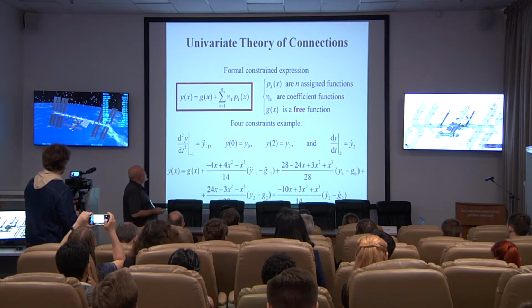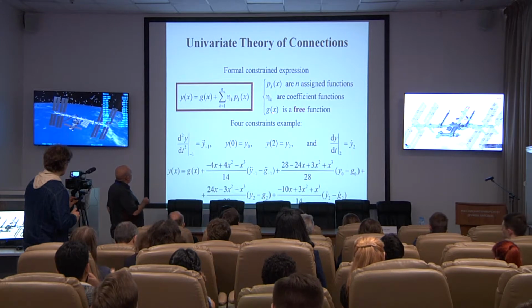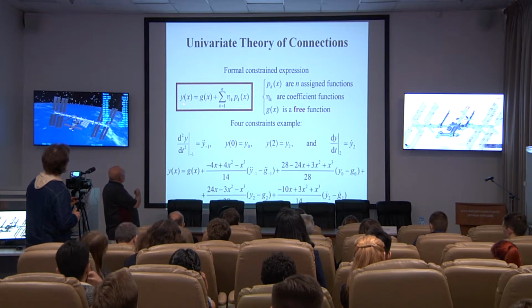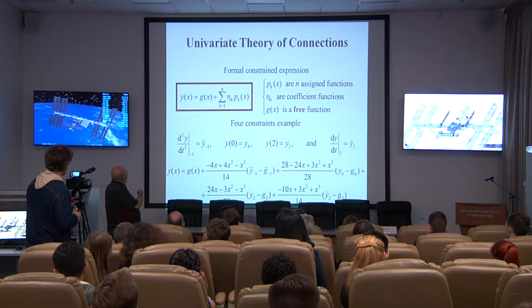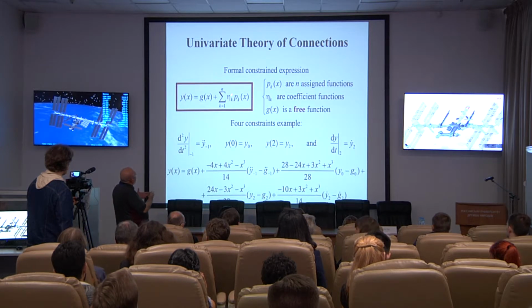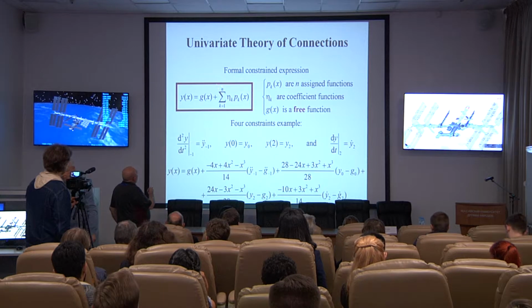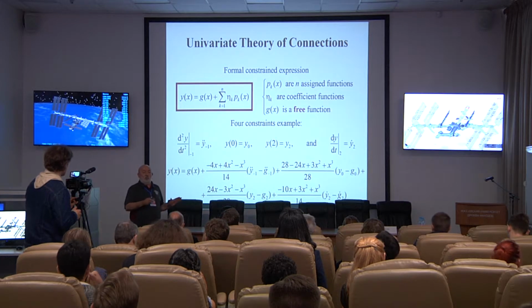So how to build this function, this constraint expression, this interpolation? This is built using this formalism here. This is an expression that provides you all possible functions satisfying any constraint. And this is built up by using the free function. This function must be completely free.